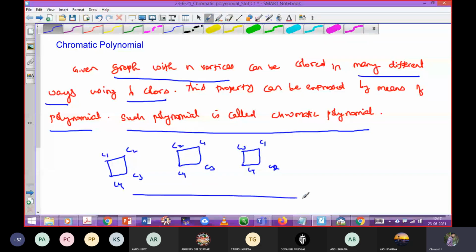But I should not simply say plenty of ways; I should say the exact answer for how many ways the colors can possibly be assigned for coloring this graph. That number of ways can be determined as one expression with the lambda value. By putting the lambda value as 4, I will get the answer, maybe 7 times, maybe 8 times, that we can assign 4 colors for this graph. That number of ways can be expressed as a polynomial. Such a polynomial is called the chromatic polynomial.